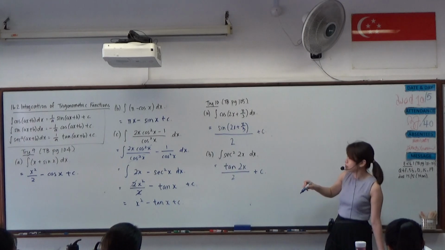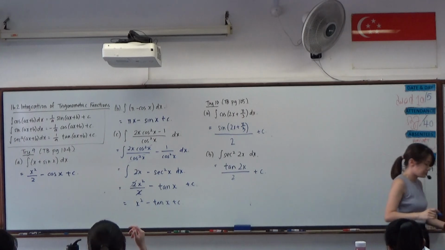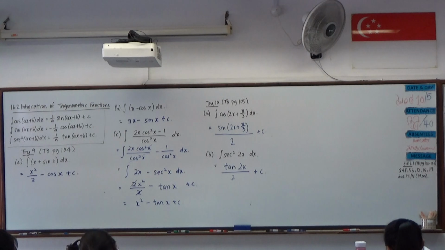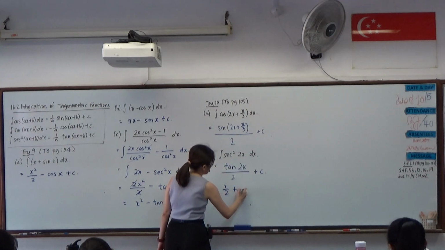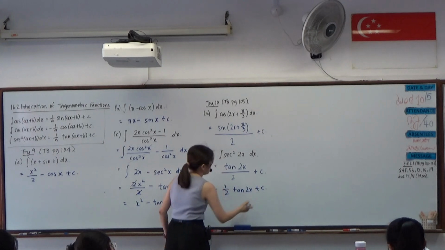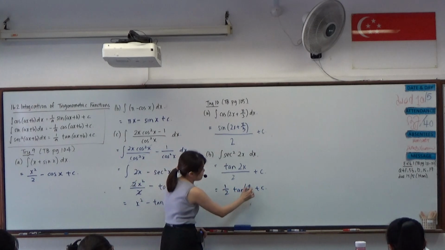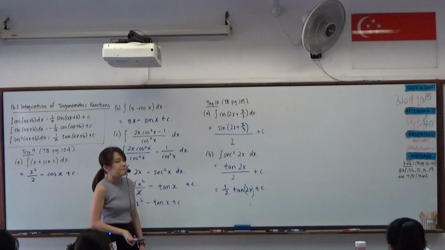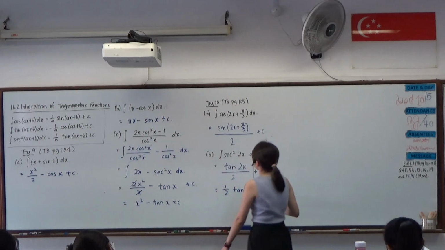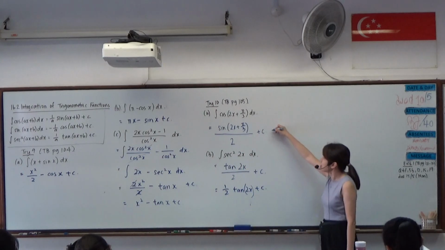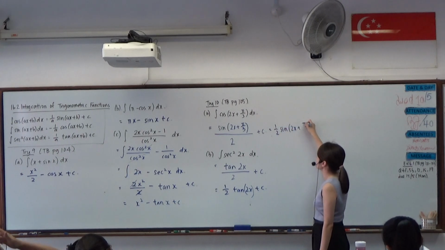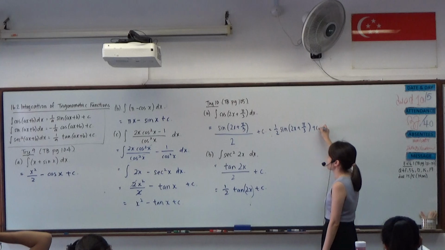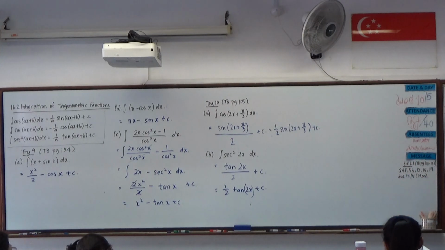It's not algebra. So it is as good as seeing it as half tangent 2x plus c. If you really want to be strict, you can put brackets around 2x to represent the angle. Likewise in this, it is the same as writing half sine 2x plus pi over 3 plus c.